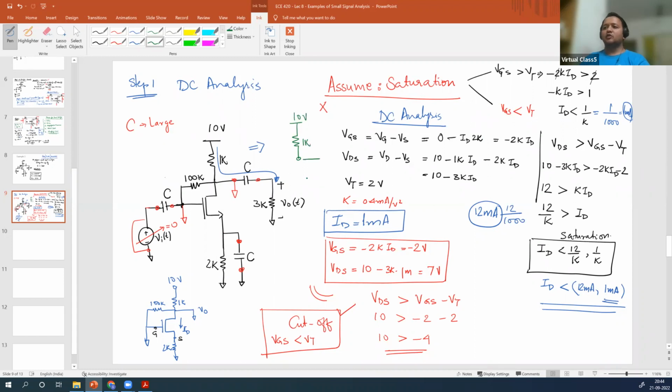So this is your effective output. There is no route for the current to flow. Small signal is grounded. Whatever is the output, you will get the inverse of it. Since the input is 0, the output will be the same 10 volt that will be seen across this resistor, since there is no current flow.